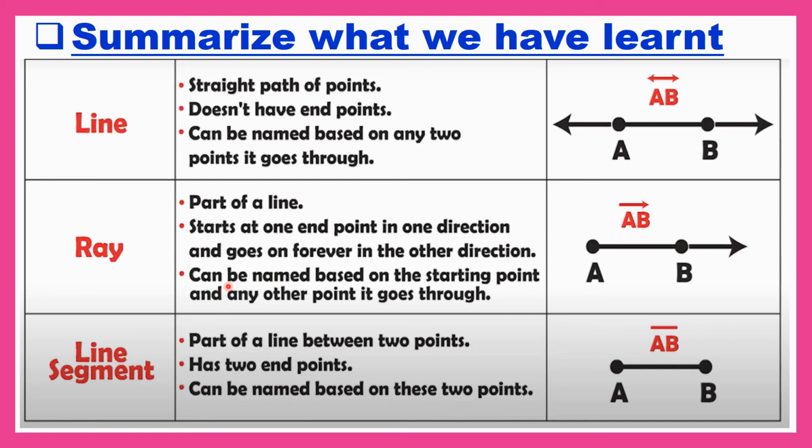It can be named based on the starting point and any other point it goes through. This will be read as ray AB. Third point, line segment: part of a line between 2 points. It has two endpoints. It can be named based on these 2 points. This will be read as line segment AB.